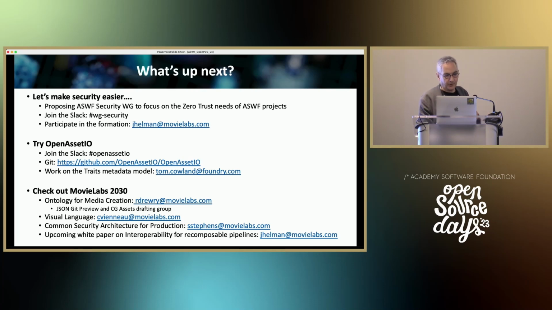Common Security Architecture for Production, Spencer. We also have an upcoming white paper on interoperability as kind of a set of principles and asks to the software, SaaS, and DCC tool providers on what we would like to see to make it easier to integrate their offerings into workflows and pipelines that are more easily reconfigurable. If you have any interest in that, drop me an email.